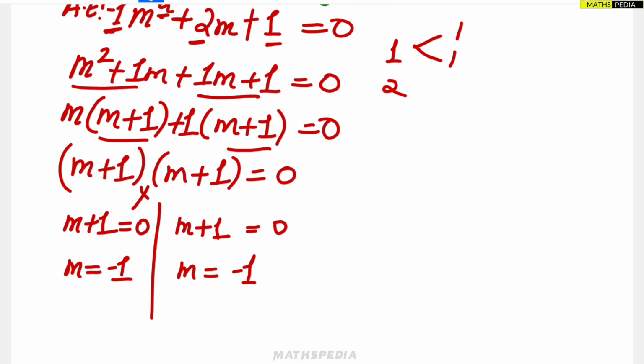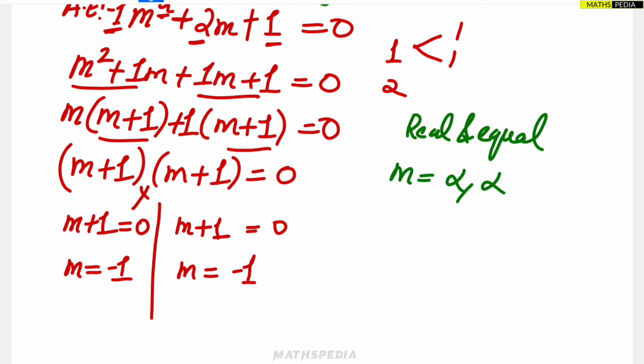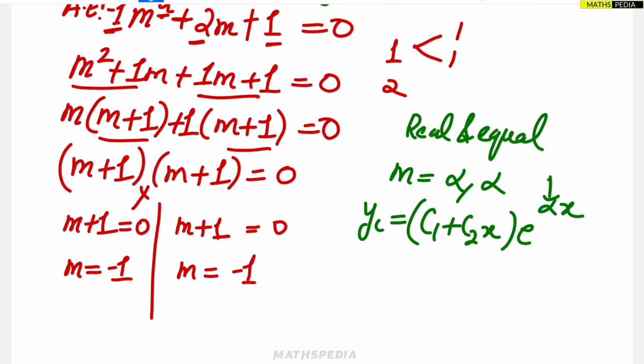So whenever you are getting real and equal roots, how do we write yc? That is the most important thing. If you are getting the m value as alpha and alpha, where two equal roots are there, yc can be written as c1 plus c2x, into the whole thing, e power alpha x, where alpha is nothing but the equal root.